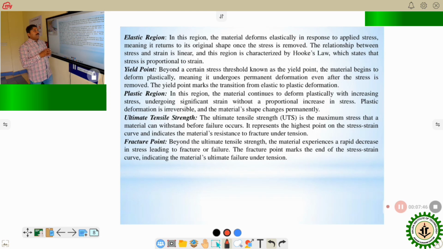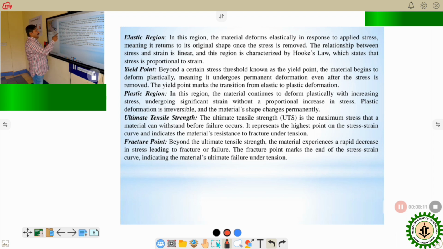Means if we leave the stress or take out the stress, then what will happen? It can't regain the original shape. The yield point marks the transition from elastic to plastic deformation. I have already shown you initially in that graph when I was drawing that. First one is the elastic region, then that is the plastic region.